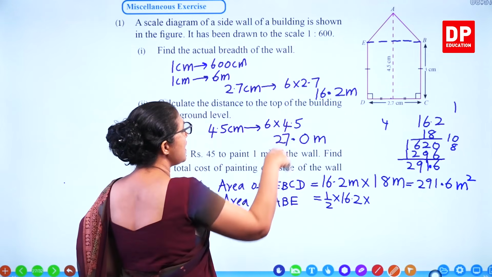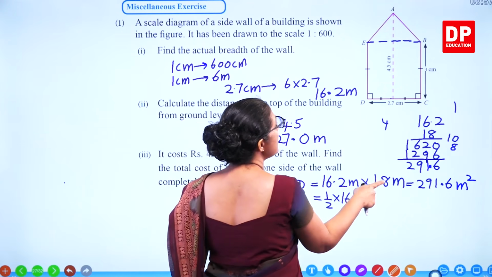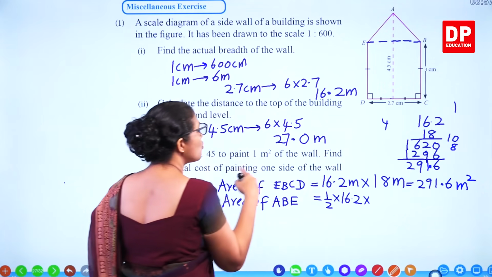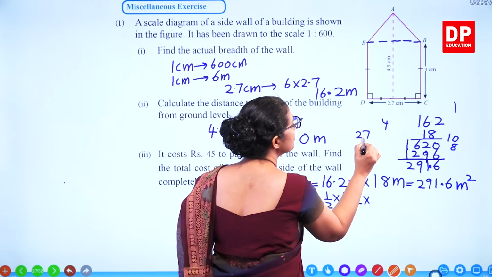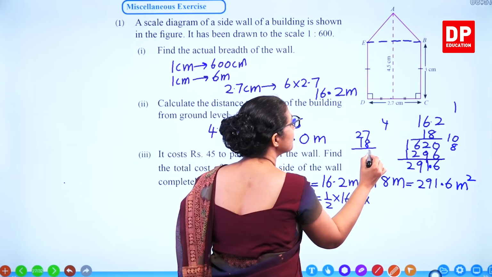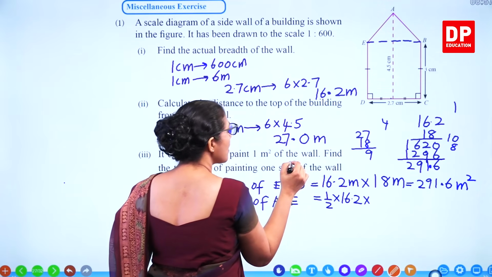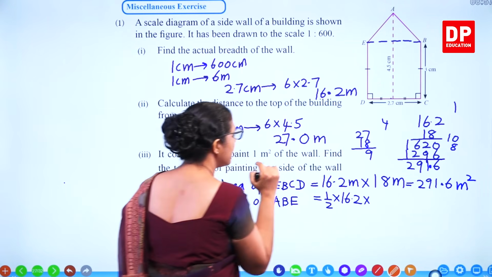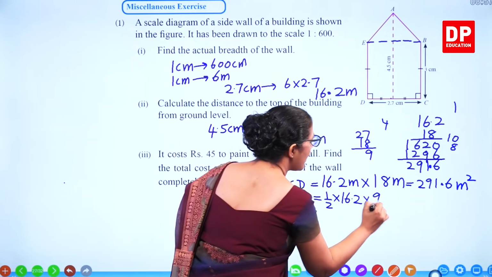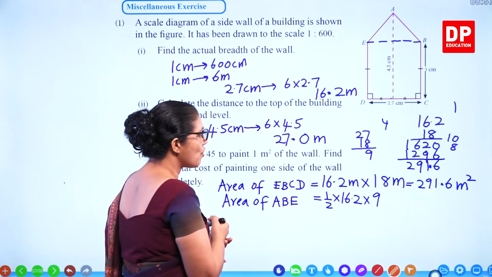The whole thing is 27. And this is 18 up to this one. So 27 minus 18. You get 9 here. So that's 9. So 9. Now you can find out the area of the triangle.